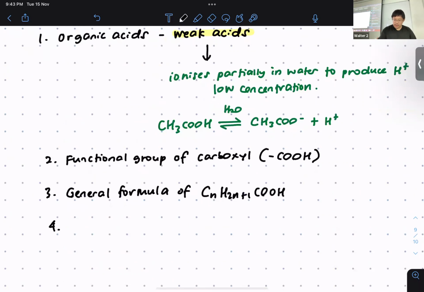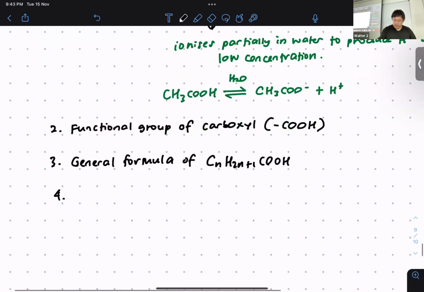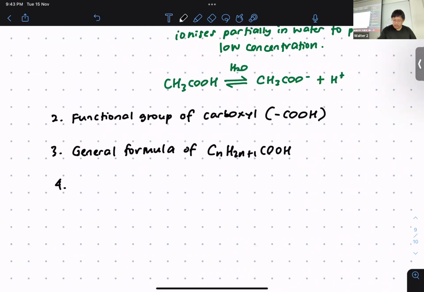Now, they are all soluble in water and also in organic solvents.